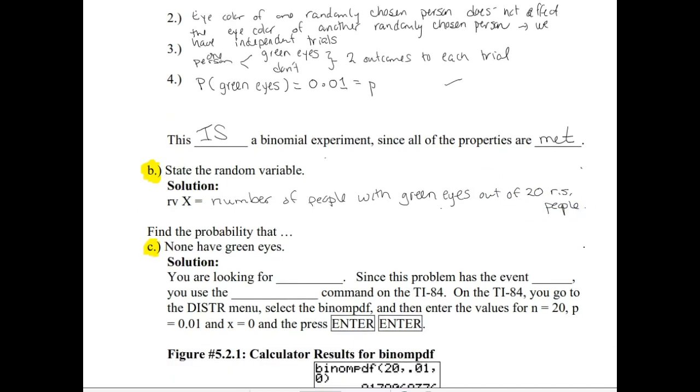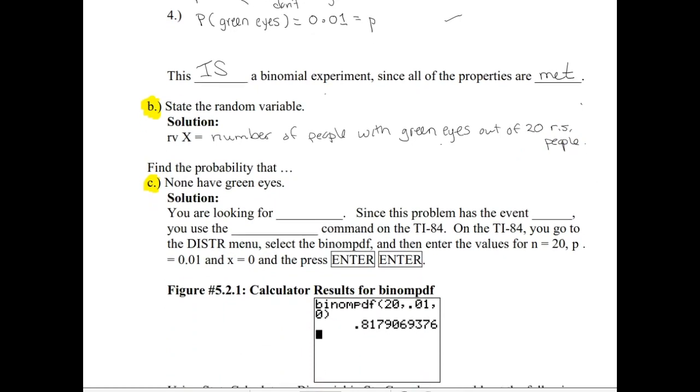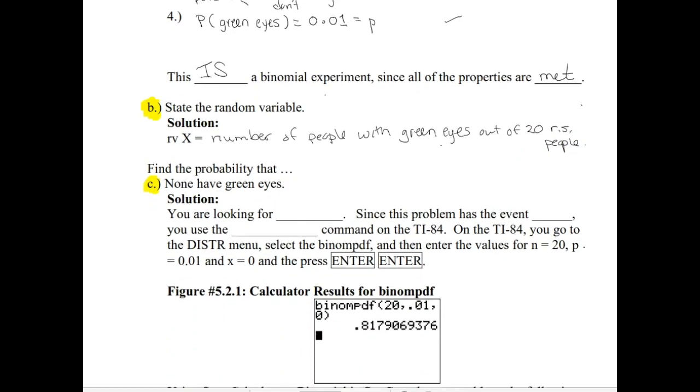All right, so part C, we're asked to find the probability that none have green eyes. Okay, so if we translate that into a probability statement here, that means we are looking for the probability that our random variable x, which is counting the number of people with green eyes out of 20, is exactly equal to 0.